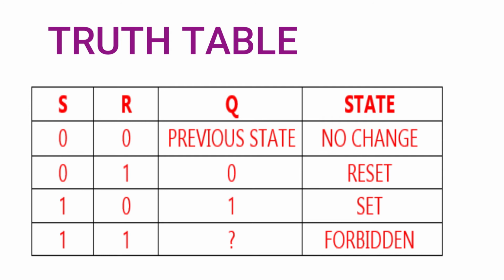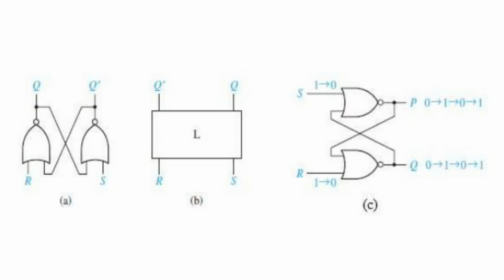When I make both S and R equal to 1, you can see that P and Q will both be complementing each other, and this state is completely undefined. So I write an undefined state at the output column when the input S equal to 1 and R equal to 1.